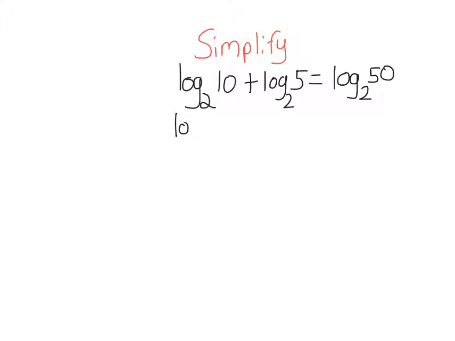So for division, let's have log base 7 of 200 minus log base 7 of 40. So that is log, keep the same base, and 200 divided by 40 is 5. Because when you're minusing the logs, you divide the powers.